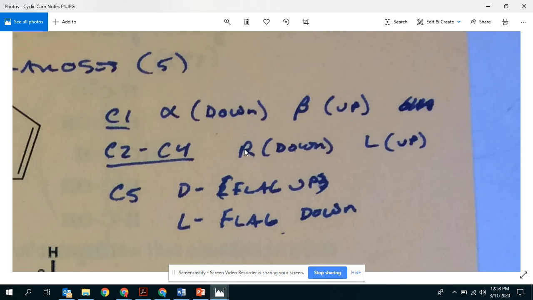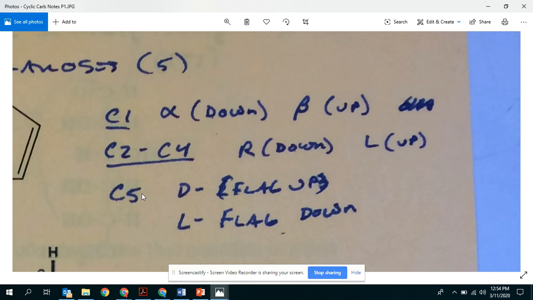Carbons 2, 3, and 4 will determine the orientation of the hydroxyl groups, whether or not they are pointed down or up in the ring structure. If they are drawn to the right in the linear structure, they will be pointing down in the cyclic structure. If they are drawn to the left in the linear structure, they will be pointing up in the cyclic structure.